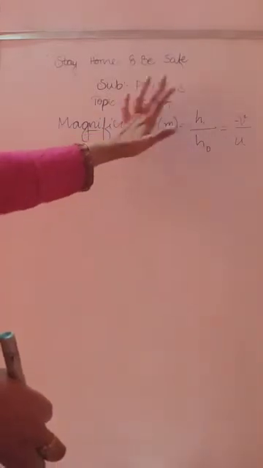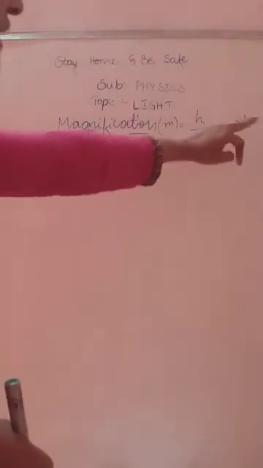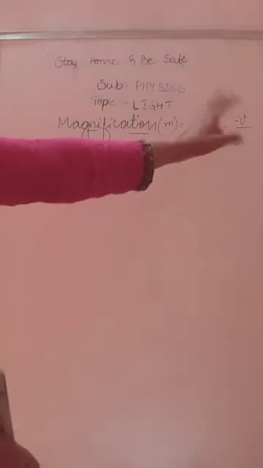If they are giving the height of the image and height of the object, we just use M equals HI divided by HO. Instead of height, if they are giving the image distance and the object distance, we use M equals V divided by U in a mirror, and minus V divided by U in a lens.